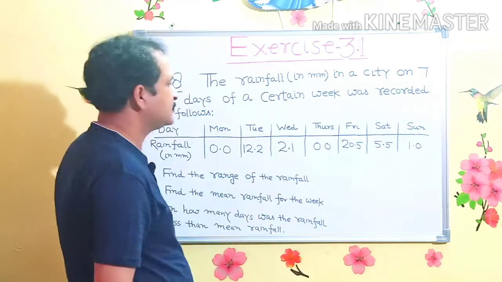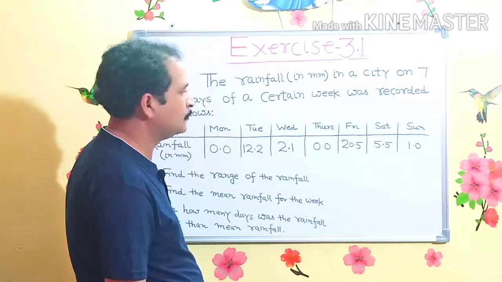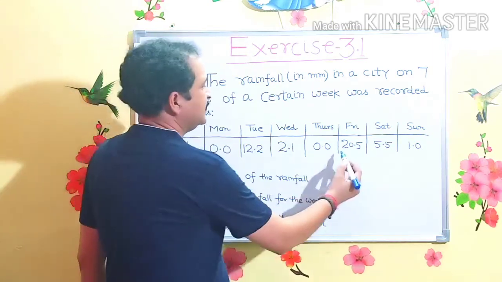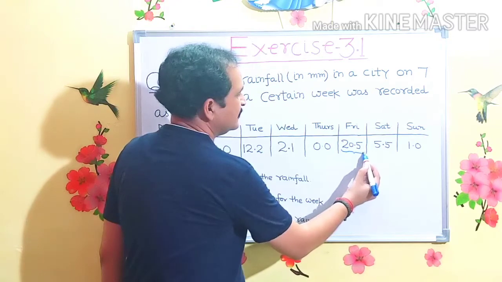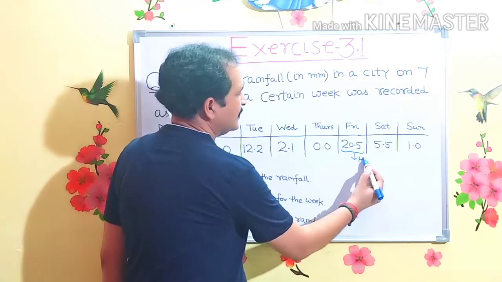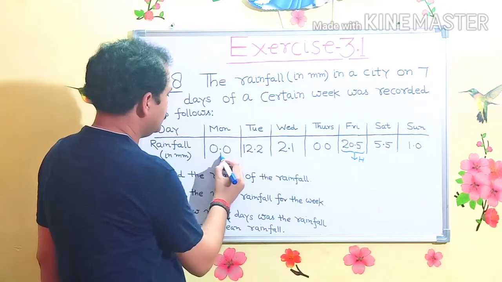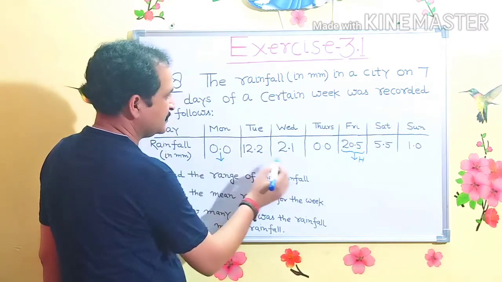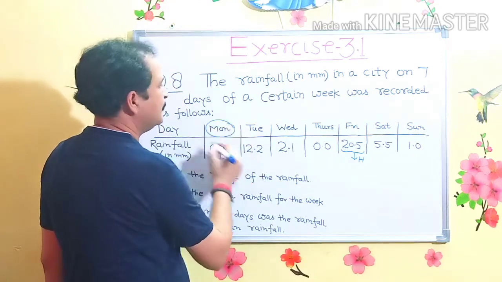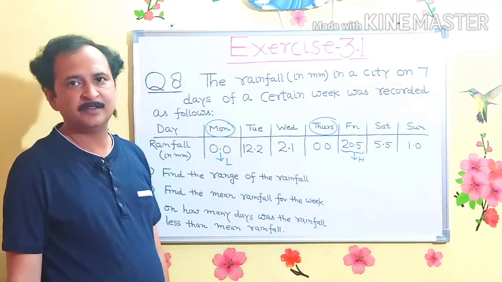See, because the data is not a large number, you can easily find the highest number and lowest number. It is clearly visible that on Friday 20.5 mm rain was the highest rainfall, and 0 rainfall means the day when there is no rainfall, that is on Monday and Thursday. This 0 is the lowest rainfall.